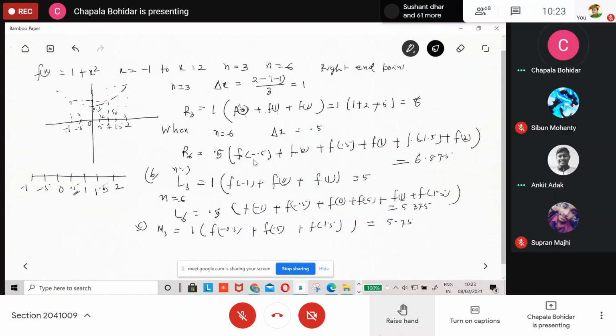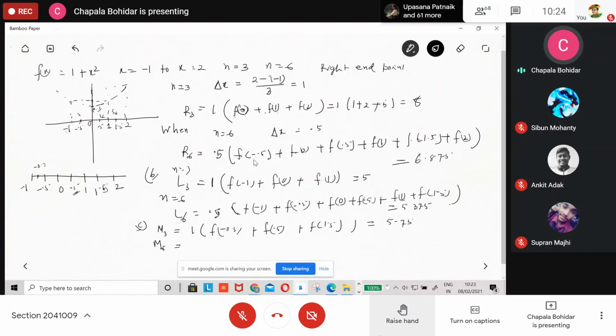Okay. Then for n is equal to 6, M6. So the middle point is here. Minus 0.75, very good.